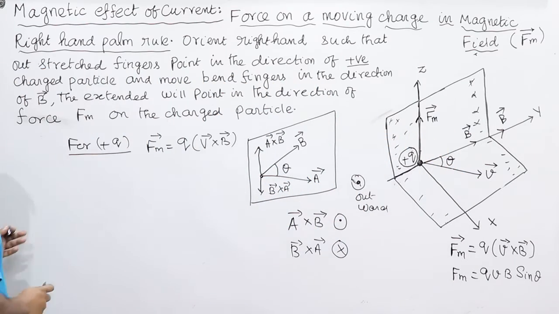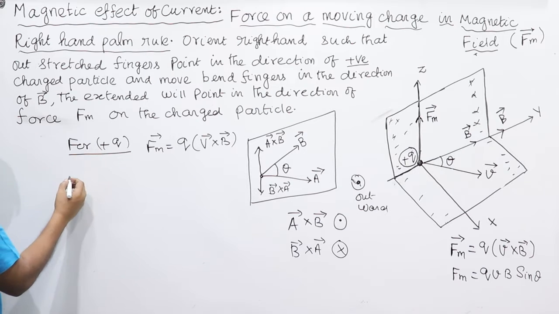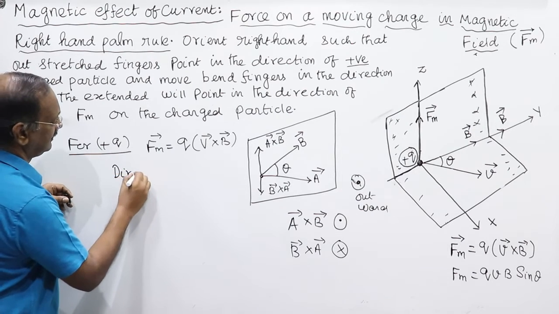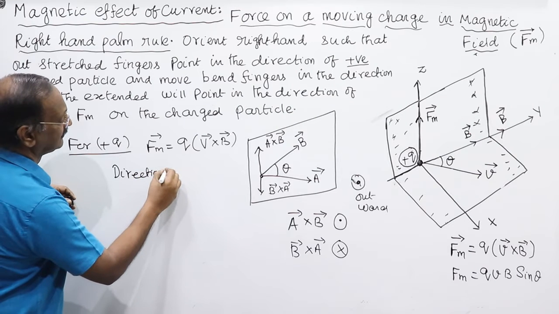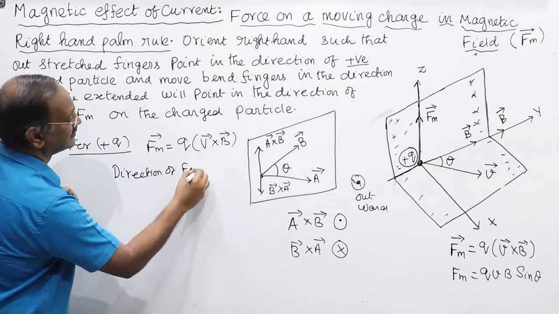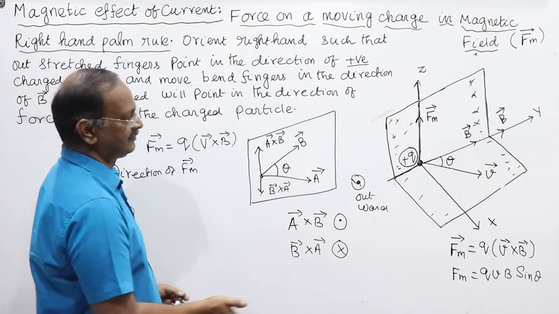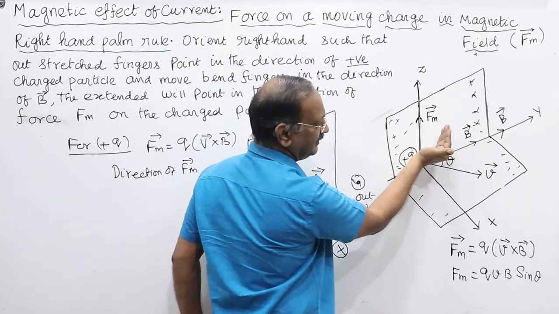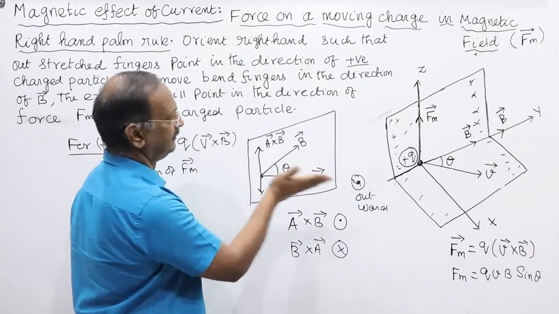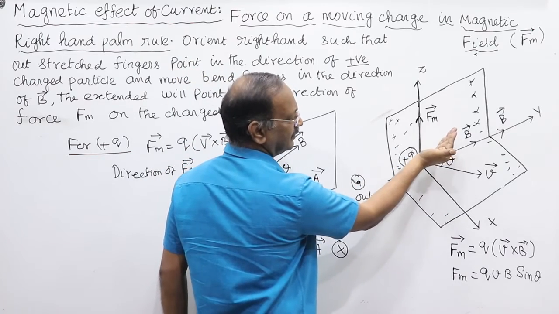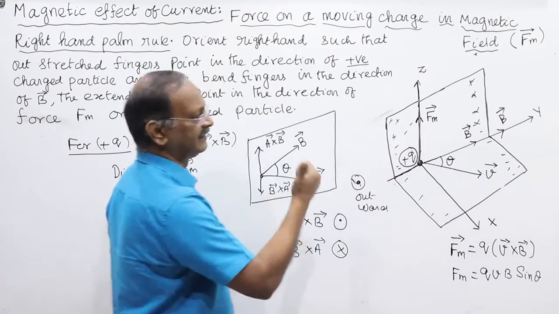This is V cross B. And now the direction of Fm, because Fm is nothing but cross product of V and B. So if you go from V to B with this right hand palm, we have to go V to B in this outward direction.